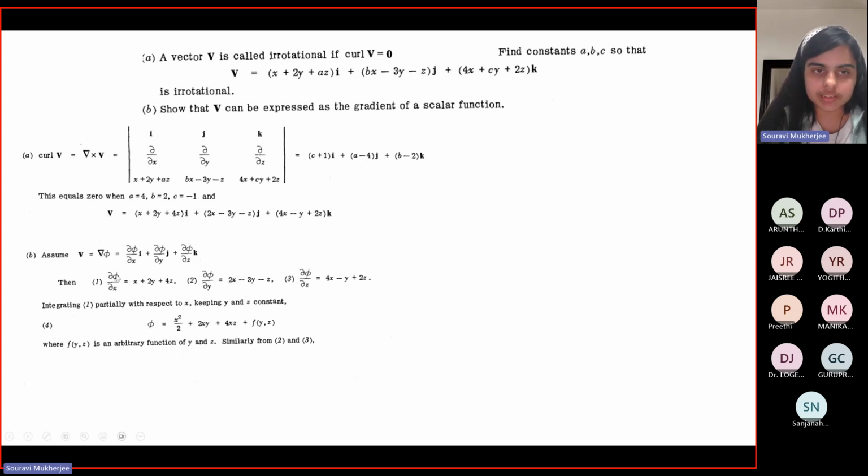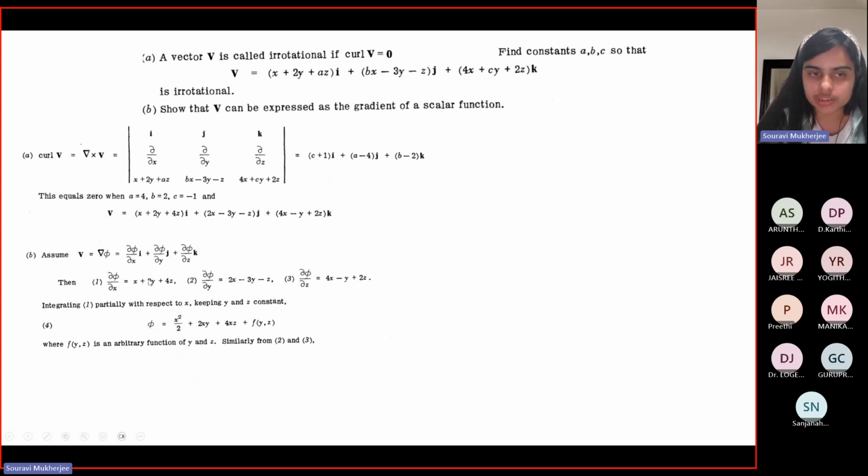Now, if you equate this to your given vector, you get these three equations. If you look at just this equation and try to integrate for phi, this is a partial derivative in x, so you integrate with respect to x, considering y and z to be constants. Phi will have some y and z dependence.